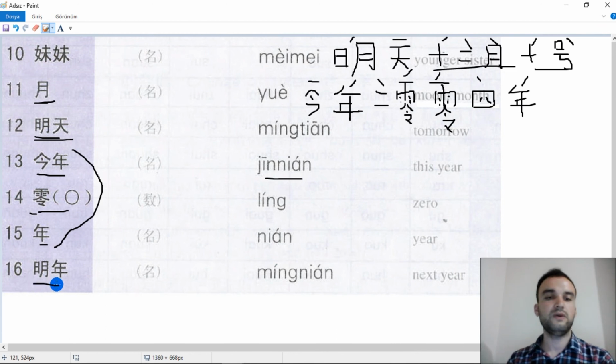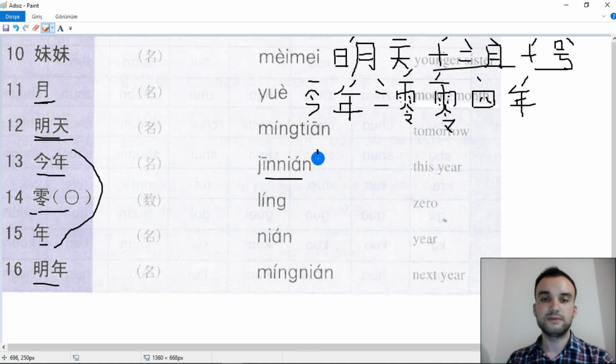And here we have 明年, which means next year. So this year is 2004, so next year will become 2005. So 明年 2005年.